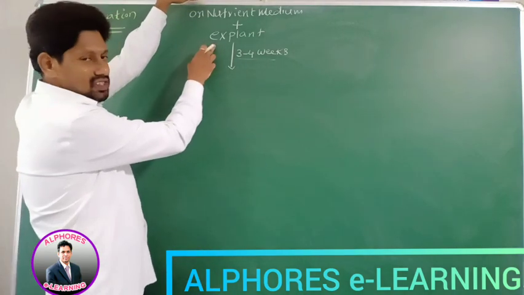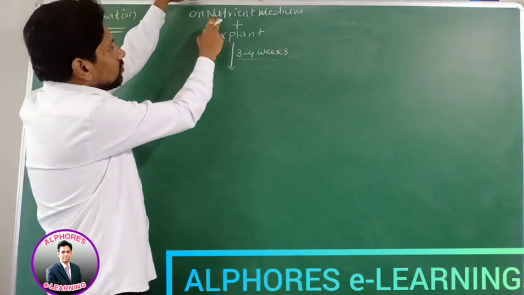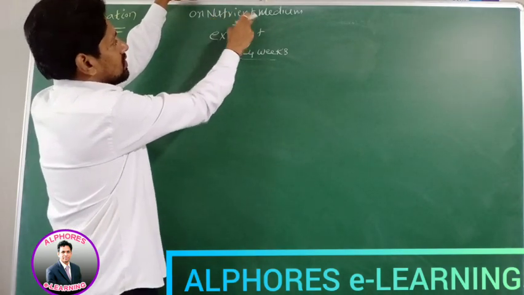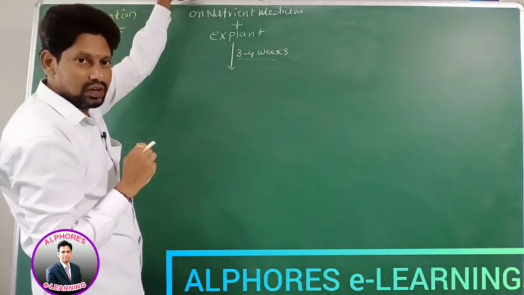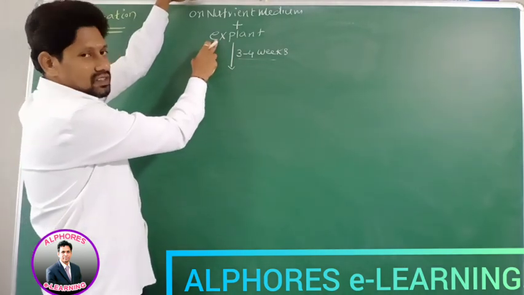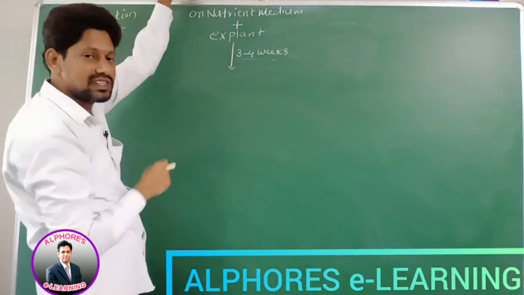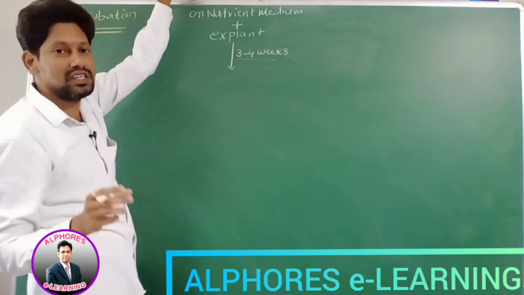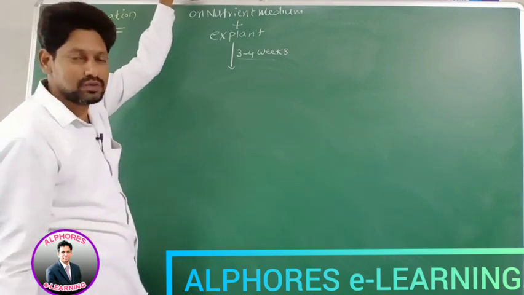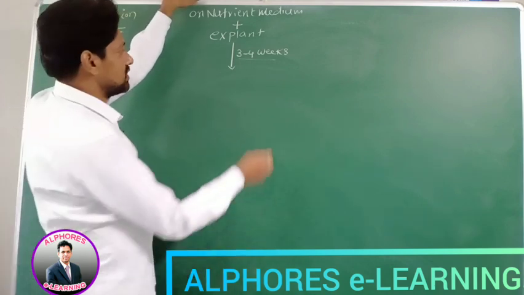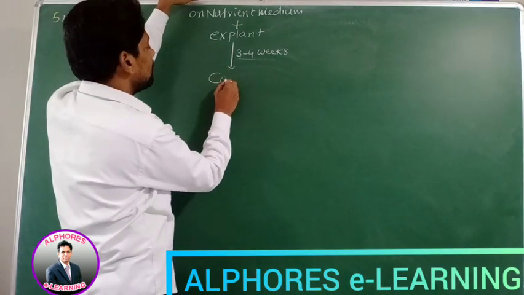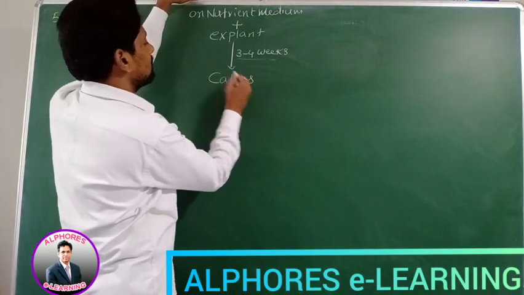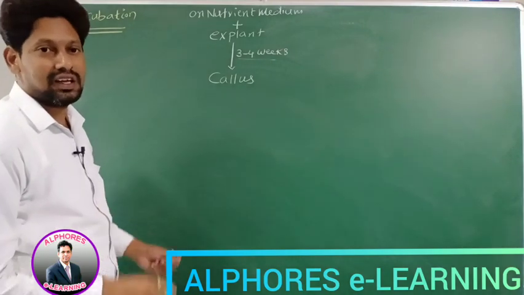This explant utilizes nutrients present in the nutrient medium and produces an undifferentiated mass of cells. That undifferentiated mass of cells is called a callus.